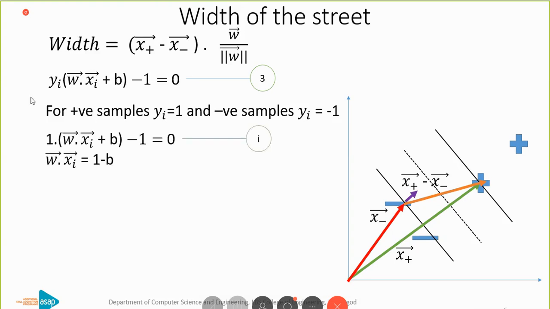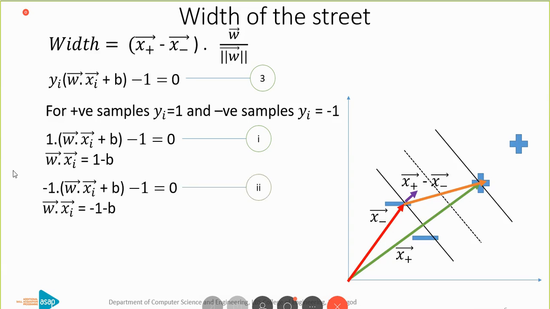So when I substitute yi equal to 1 for the positive samples in this equation, I'll be getting 1 dot, here you can see this is the constraint, (w dot xi plus b) minus 1 is equal to 0. Now you will be getting this expression: w dot xi is equal to 1 minus b. So this is for positive samples.